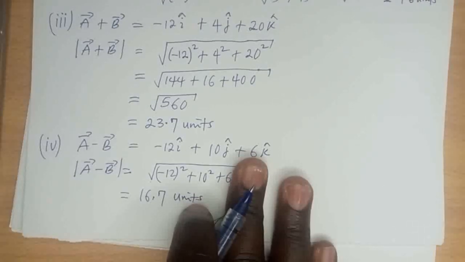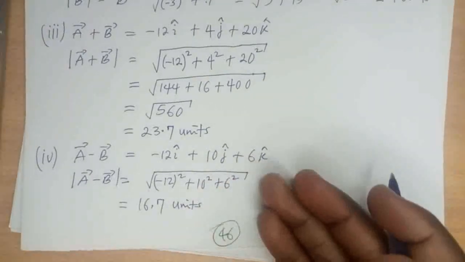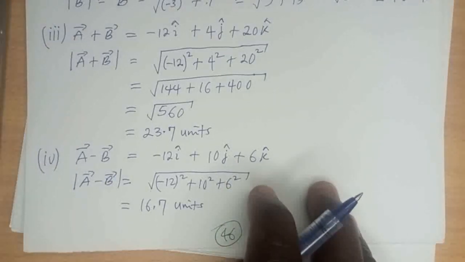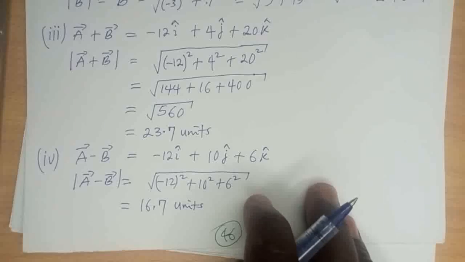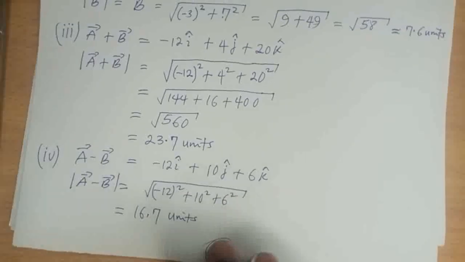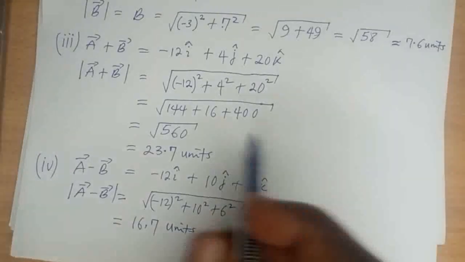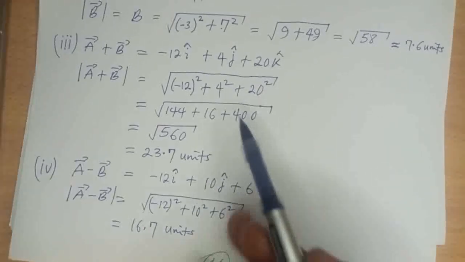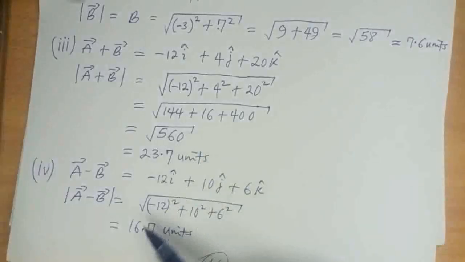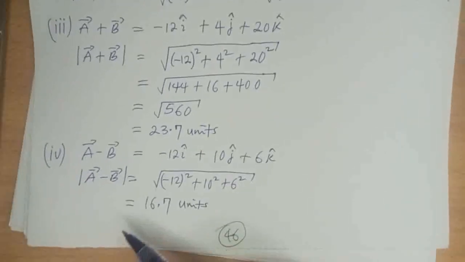If you are given 60 questions in an hour, time management is very important. You have to use the quickest method possible. But if it is an essay question, where you are expected to write, you have to show all your working. So this method is preferable compared to the quickest one.